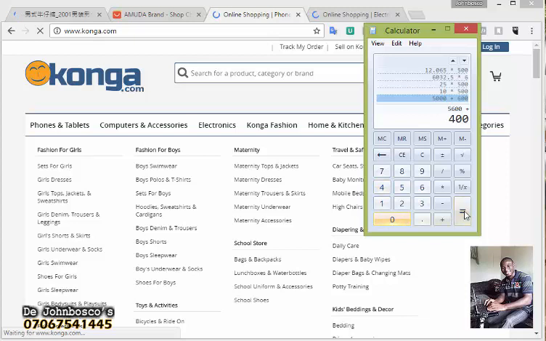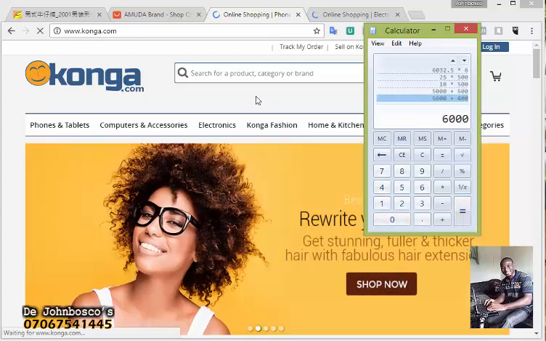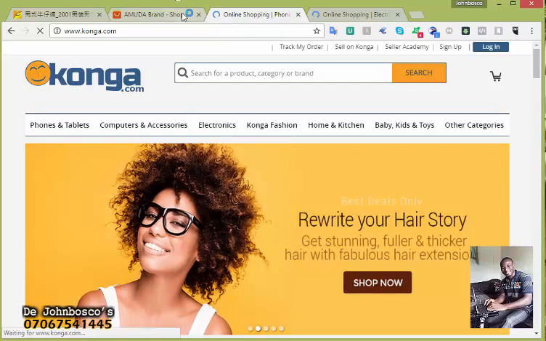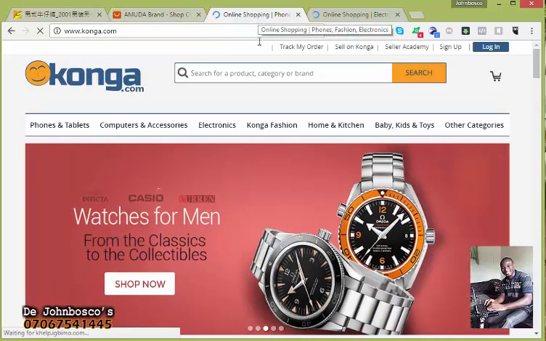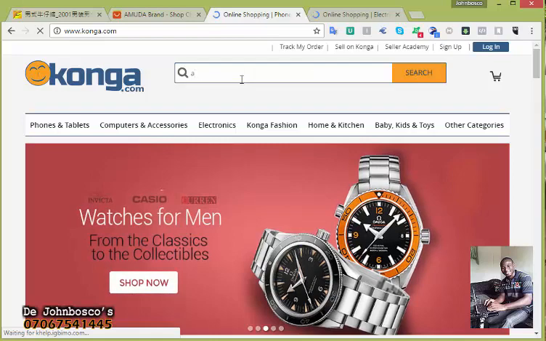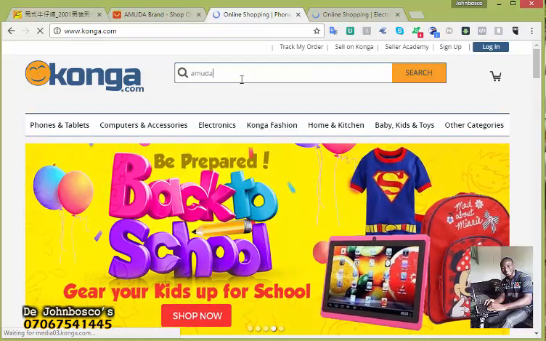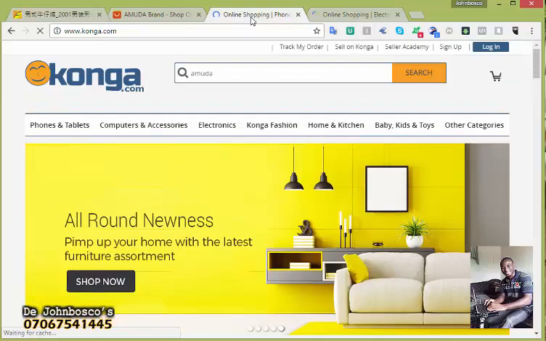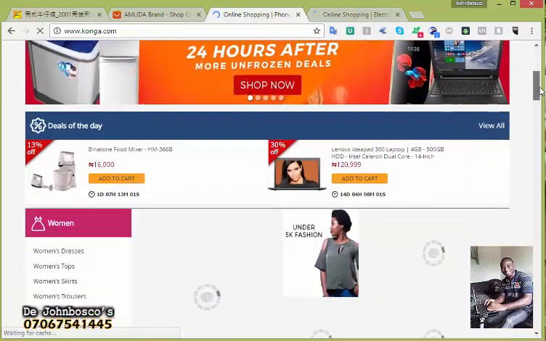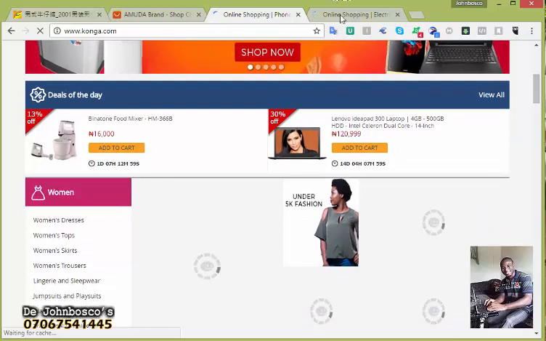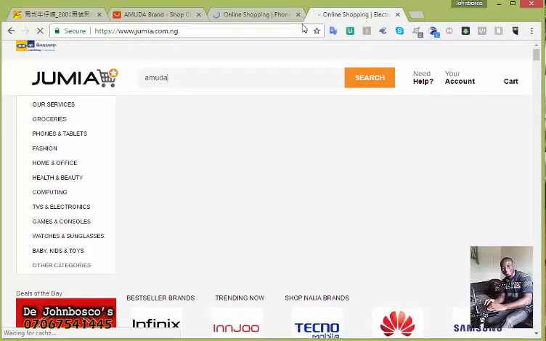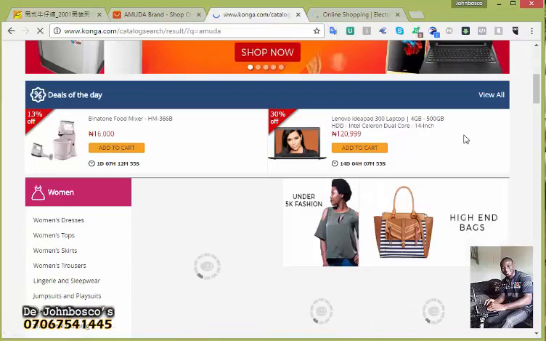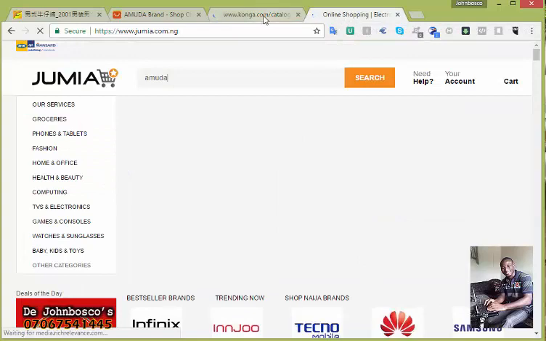So this same wristwatch which we have bought at 6,000 naira sells for 10,000 naira here. So what's your decision now? You want to be sure it is the same wristwatch. Look at it. It's exactly the same wristwatch. So if I sell at 10,000 like others are selling, I'll be making a gain of 4,000.